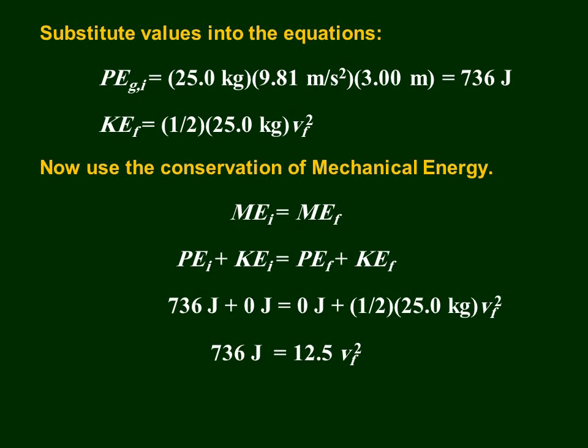Dividing both sides by 12.5, vf squared will be found, and then finding the square root of vf squared, vf equals 7.67 meters per second. And this is the final velocity down the slide.